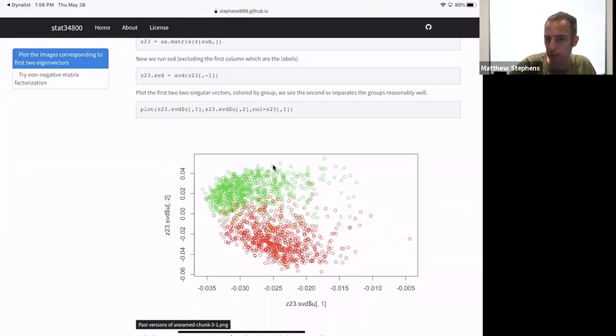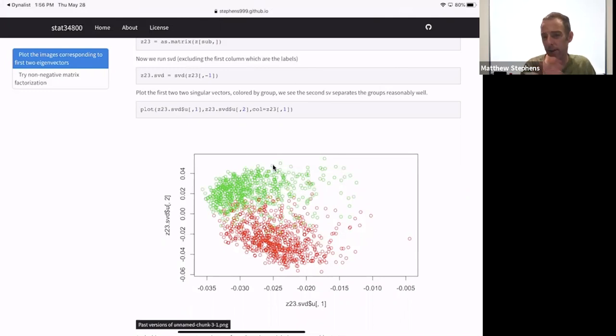Just remember, each point here is an image. We're plotting their values along the first two eigenvectors. So let's think about it this way. We're using 2.